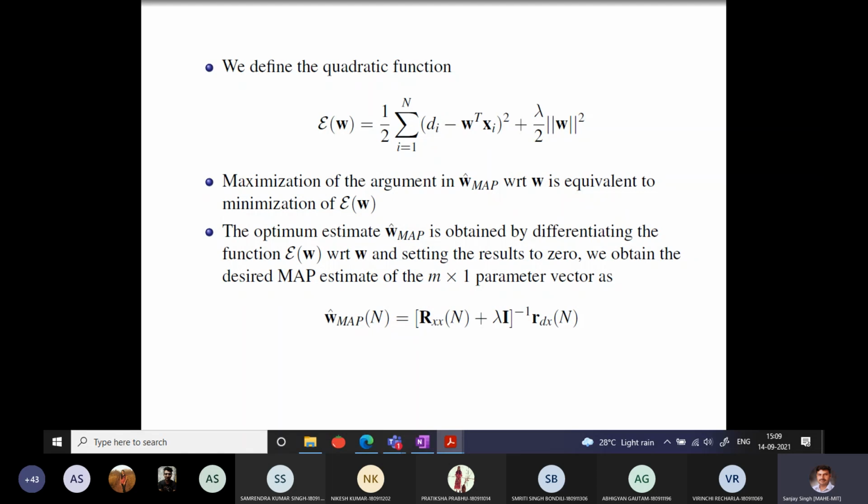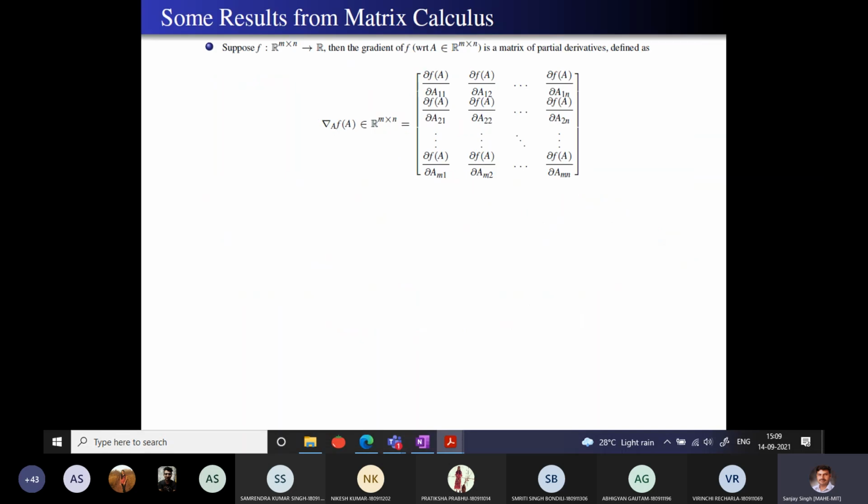I taught one or two lectures in machine learning on matrix calculus, but here I'll give a quick overview. You might have heard of integral calculus or differential calculus, where you differentiate or integrate over a function. But matrix calculus means we differentiate with respect to a matrix itself. How do we do this? There are certain notations we have here.